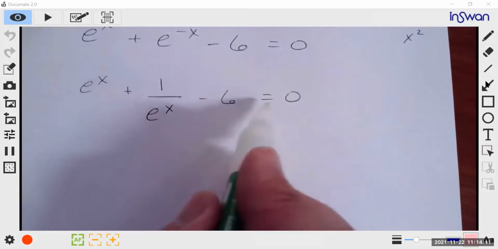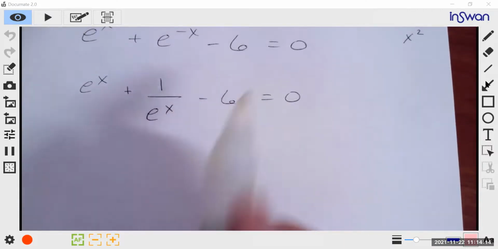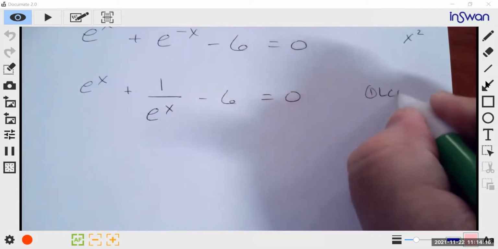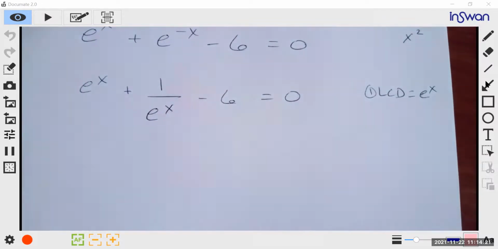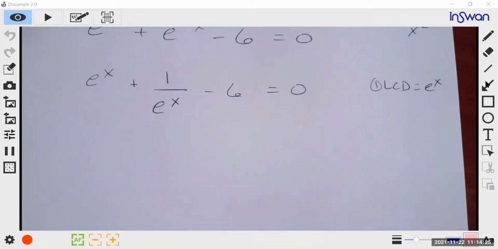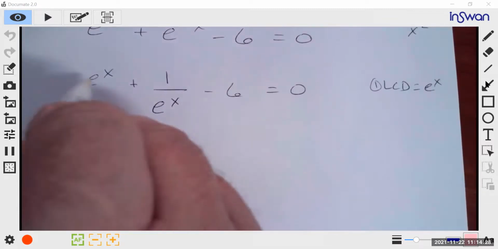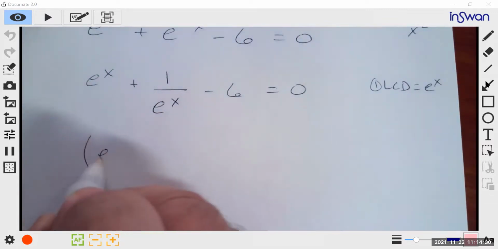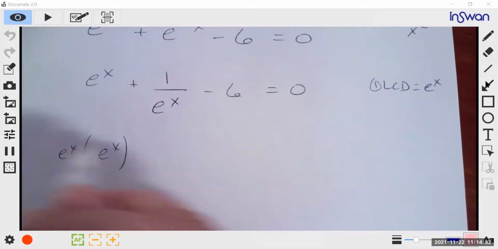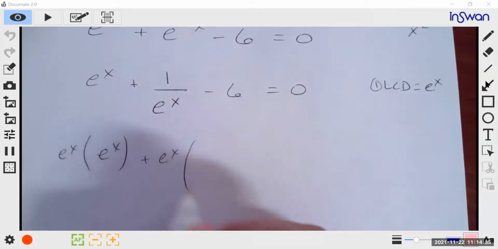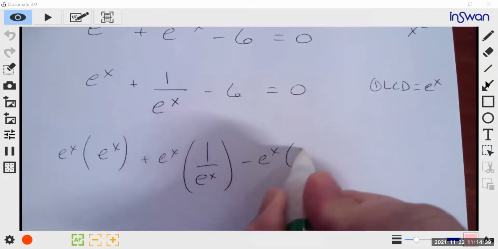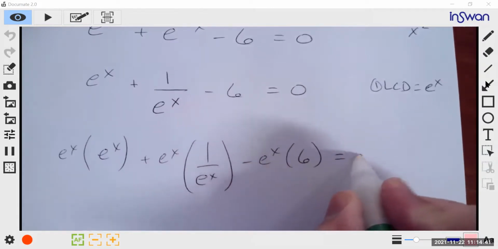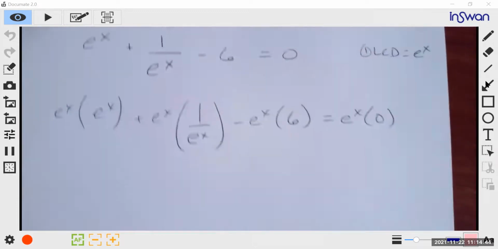Okay, since we have fractions and an equal sign, we use the LCD. The only denominator we have is e to the power x. Multiply it to each term on both sides.